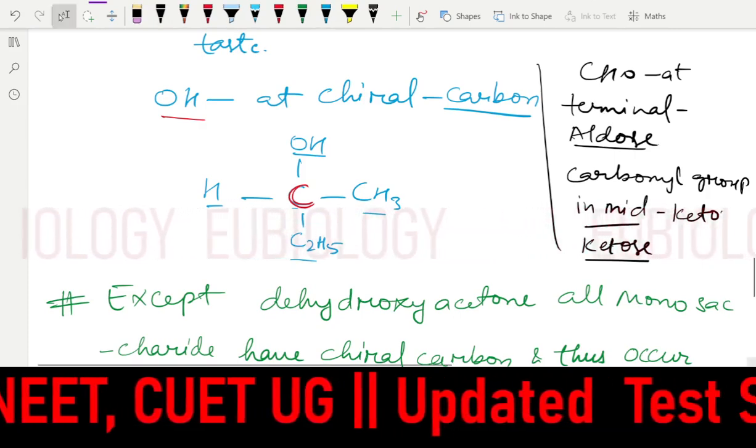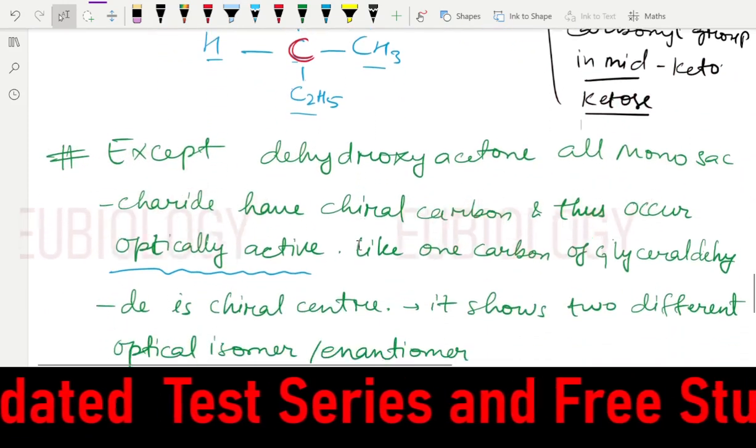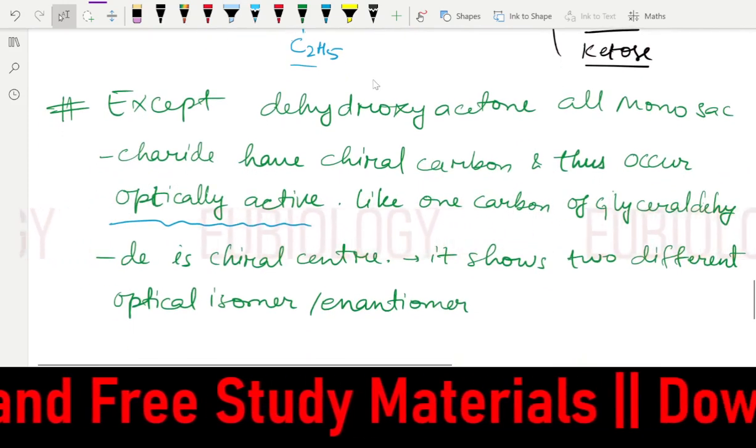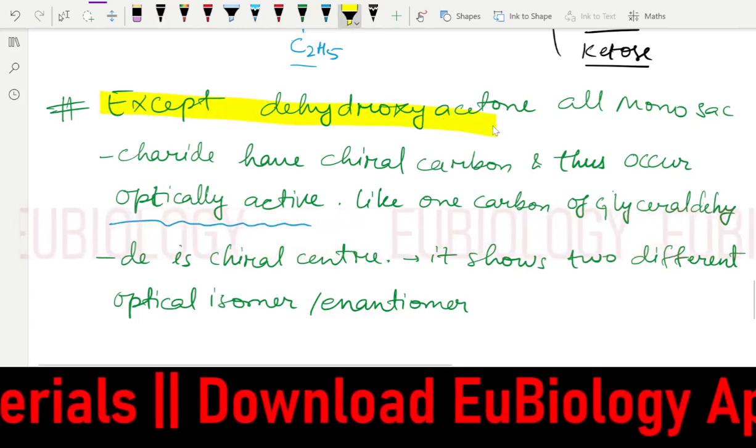So here is the important thing. Most of the monosaccharides have chiral carbons, except dihydroxyacetone.